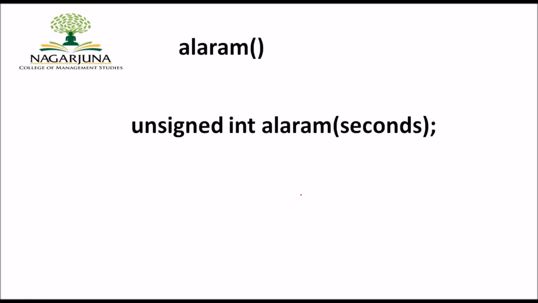So the last one is alarm. As I told you, whenever a process has to be scheduled for its execution, I would like to set an alarm and turn it on or turn it off by sending a signal. So if I would like to make use of SIGALRM, this is the prototype of your alarm command.